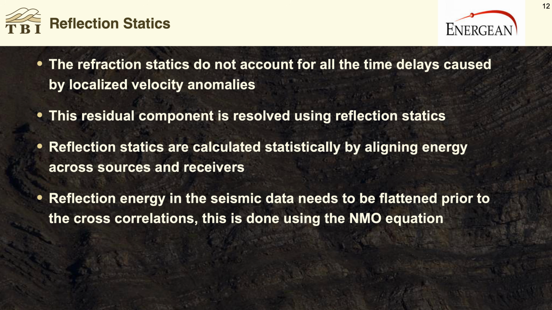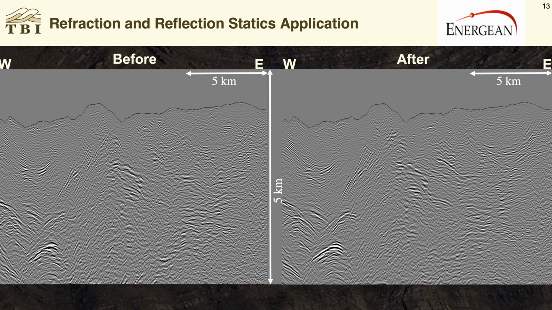From this, we can derive static values for each individual shot and receiver. If we take a look at an unmigrated stack before and after total weathering statics application, there is an obvious improvement in reflector coherency and imaging.